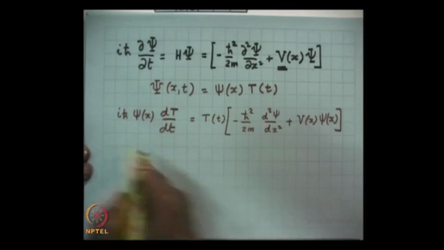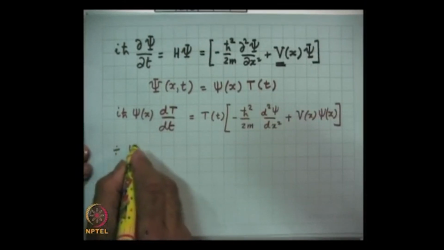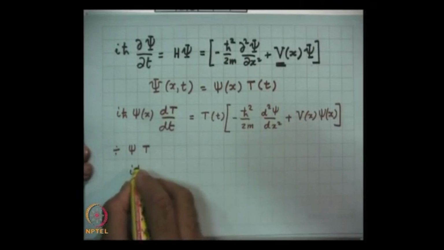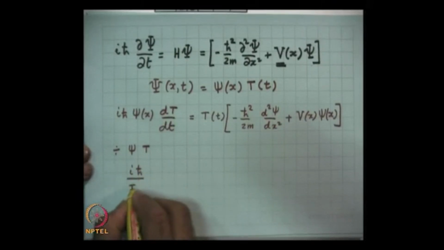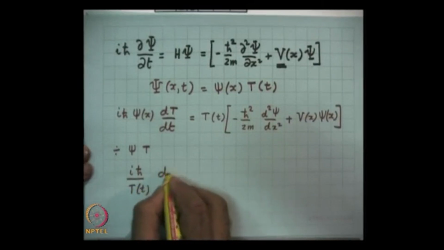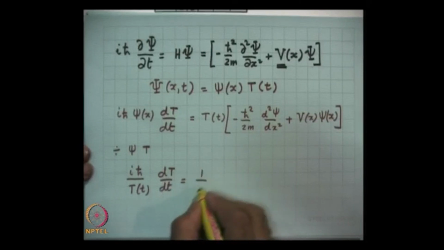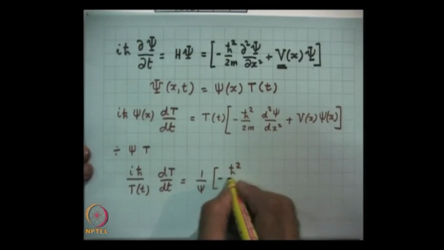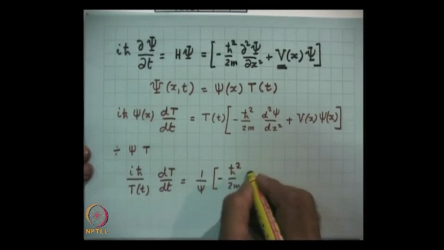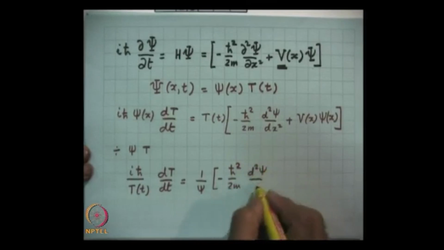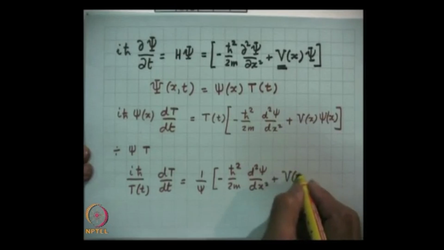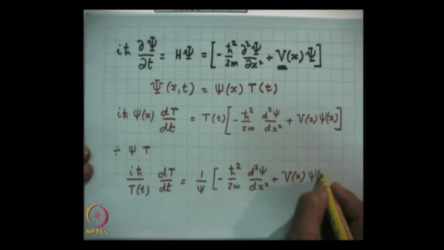What I do is I divide by psi times T. So, I get i h cross 1 over T of t dT by dt is equal to 1 over psi times minus h cross square by 2 m d2 psi by dx square plus V of x psi of x.